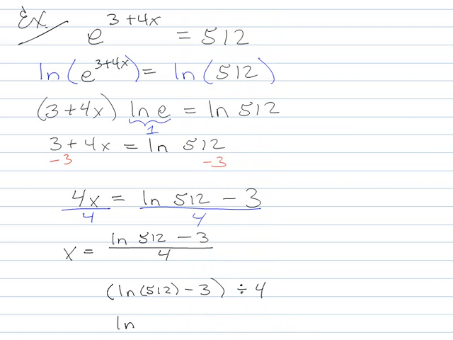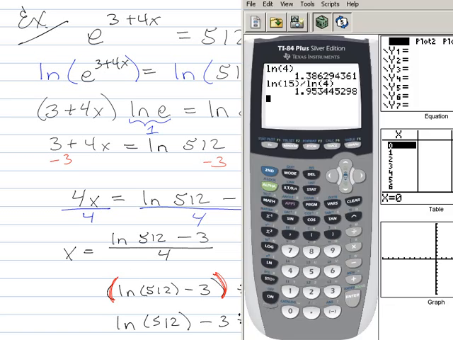Because if you don't put the parentheses, what you're really getting is equivalent to natural log of 512 minus 3 over 4. And that's not what you want. You don't want just the 3 divided by the 4. You want the entire thing divided by the 4. So that's why you have to put the parentheses there.